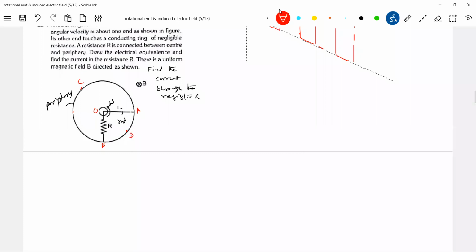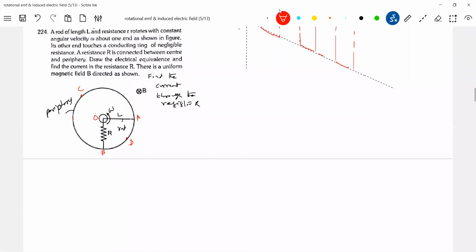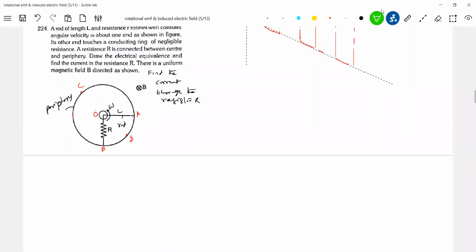So now a rotating rod, what should you replace it with? The rotating rod with a cell. So this is that ring. And what about the rod? There's a rod, and the rotating rod should be replaced with a cell. So can you give the polarity now? B bar into the plane, velocity, so this end should be positive.